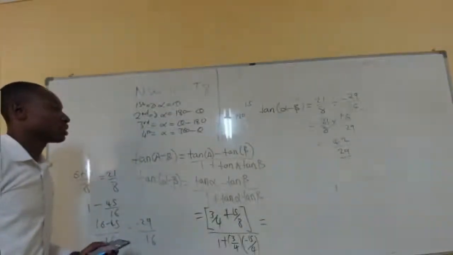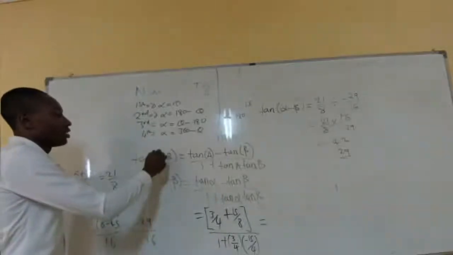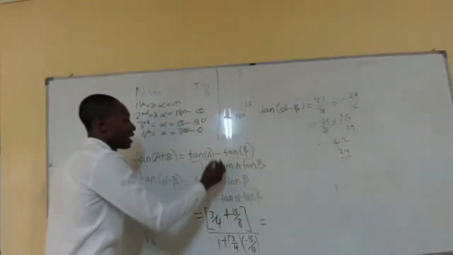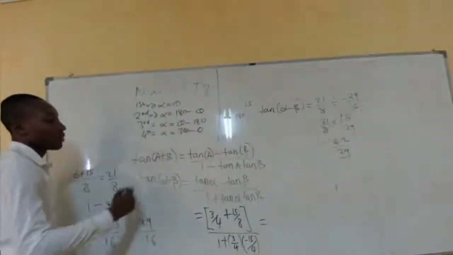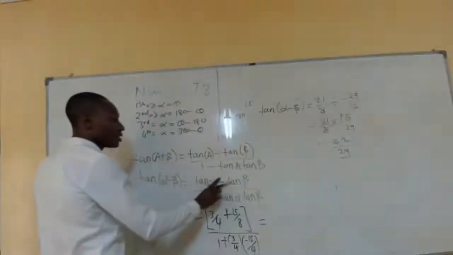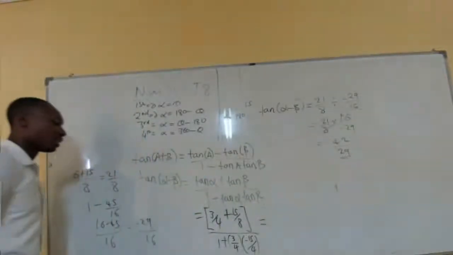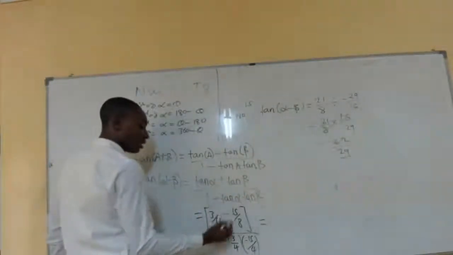Okay, so basically speaking, you are going to do the same thing for the positive. The only difference is that for tan alpha plus beta, you're going to have a plus here, but you have a minus here. Then this is going to be plus, but this is going to be minus. Tan alpha, tan beta, so now this is going to be minus, right?